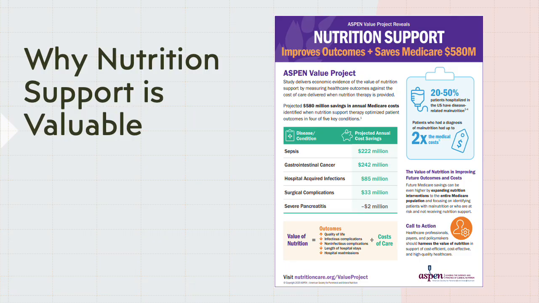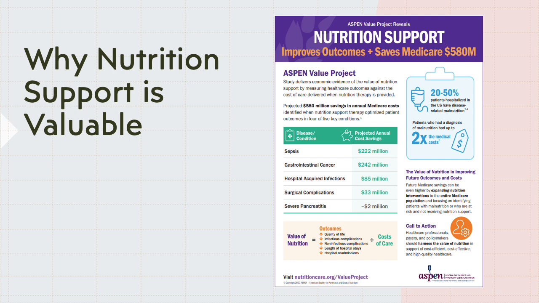So why is nutrition support valuable? With the increasing importance that is being placed on value-based medicine, ASPEN initiated the Value Project to measure healthcare outcomes against the cost of care delivered when nutrition support is provided.